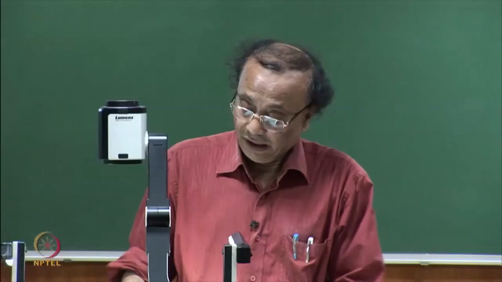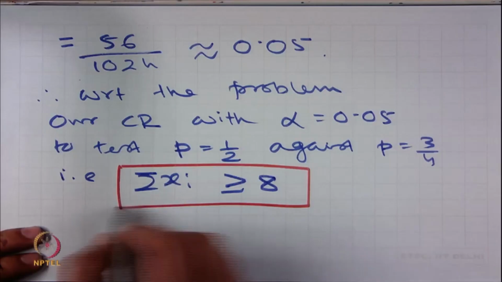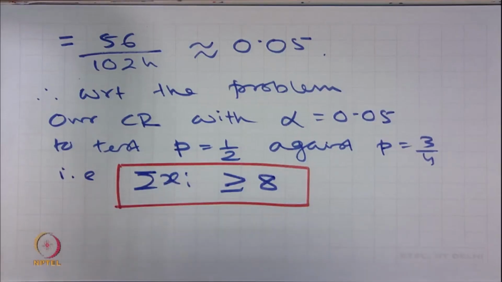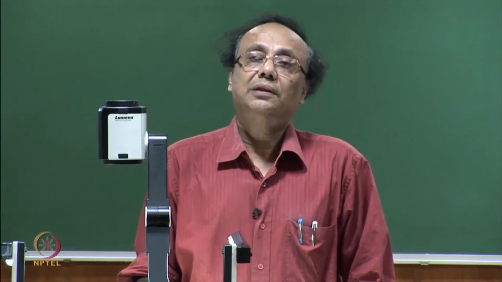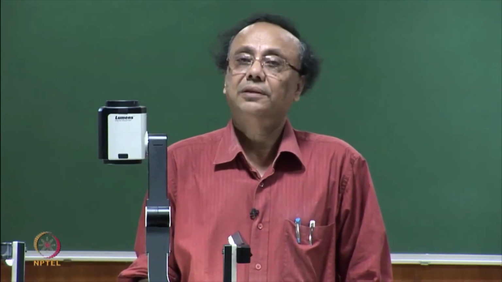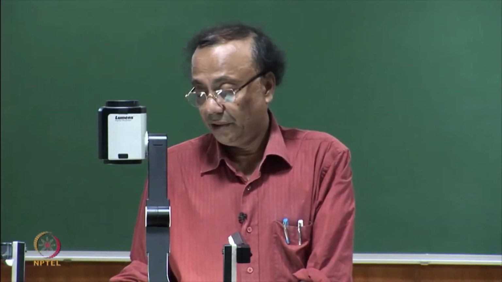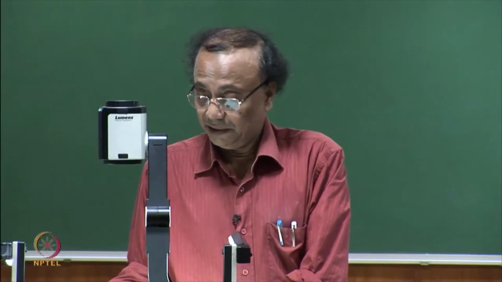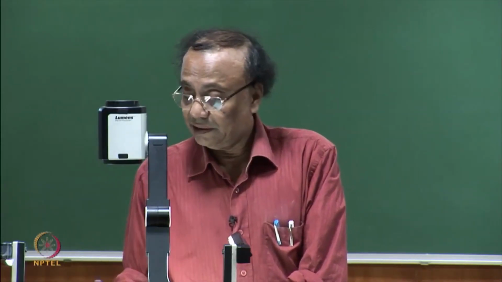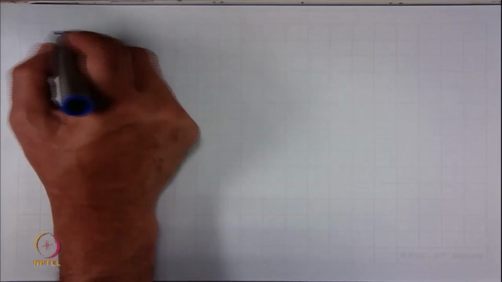That is, if the number of heads obtained is 8 or more, then we are going to reject the null hypothesis that the coin is unbiased. Otherwise, we are going to accept that this coin is unbiased when testing against p equal to 3 by 4.